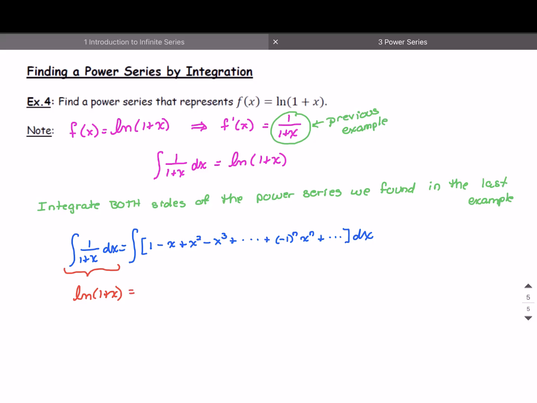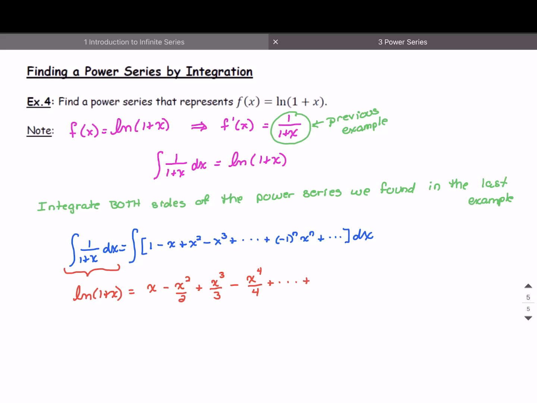And if we integrate on the other side, the antiderivative of 1 is x, minus the antiderivative of x, which is x squared over 2, plus the antiderivative of x squared: we add 1 to the exponent, divide by the new exponent, minus the antiderivative of x cubed: add 1, so we get 4, divide by that new exponent, dot, dot, dot, plus.